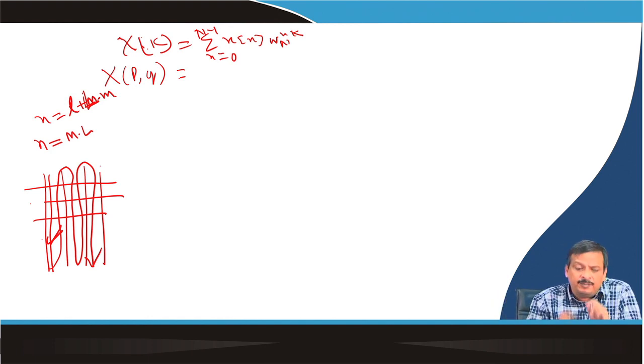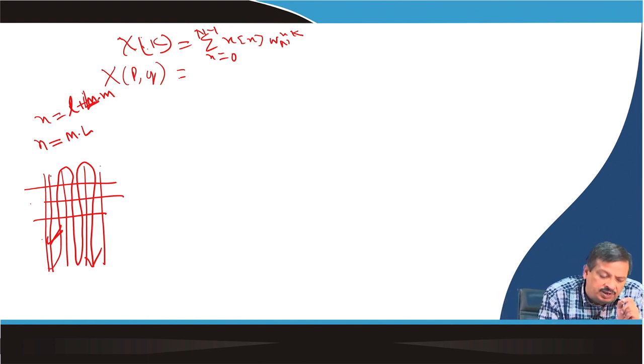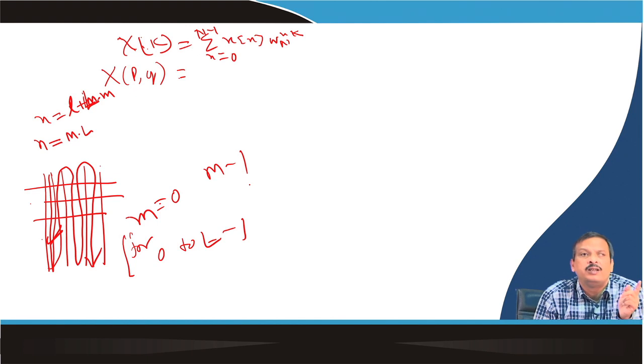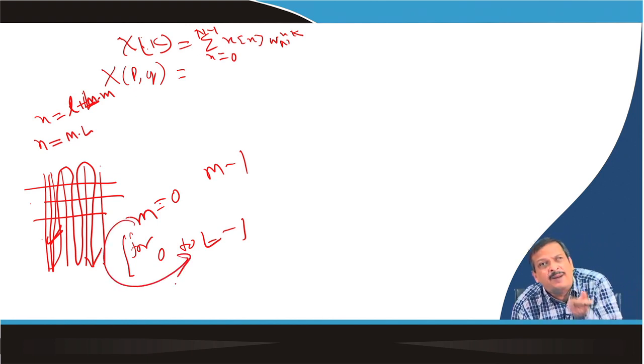Why? That means I am computing column wise. So, the first for loop will start from m equal to 0 to capital M minus 1, and for every m, the second for loop runs from 0 to L minus 1.